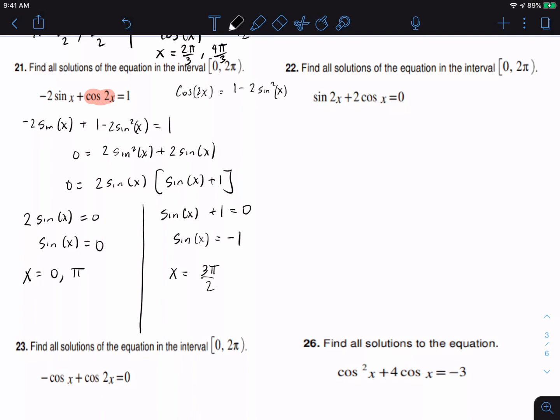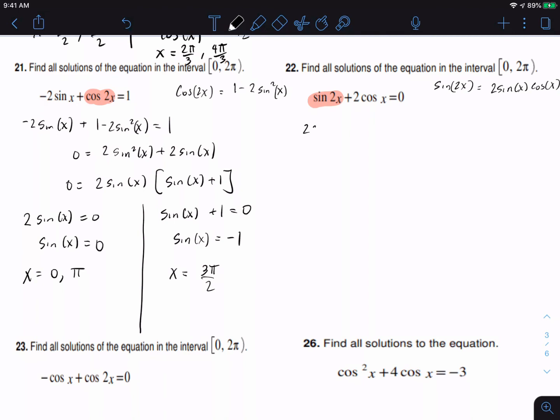Okay. Now, in this case, we have sine of 2x, and so we have an identity for that. So I'll write that down for you. Sine of 2x is equal to 2 sine of x cosine of x, correct? So since we have this, I can rewrite it and put it in.